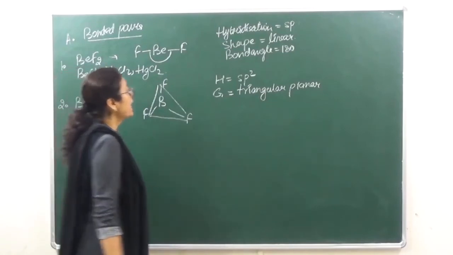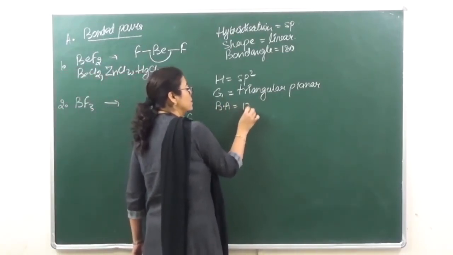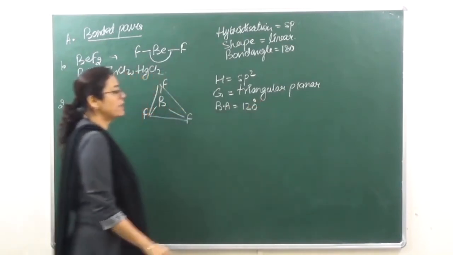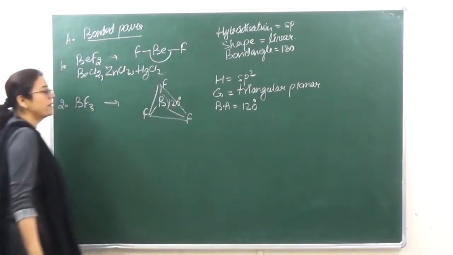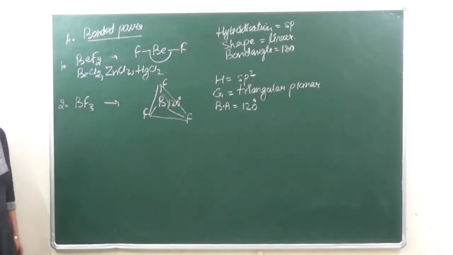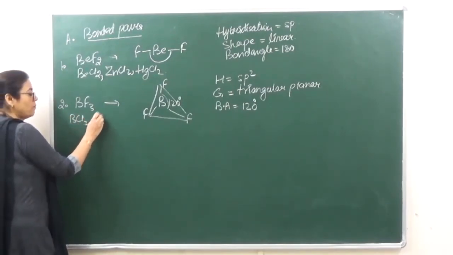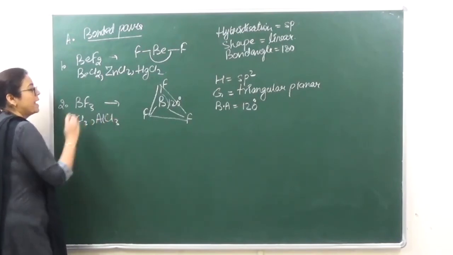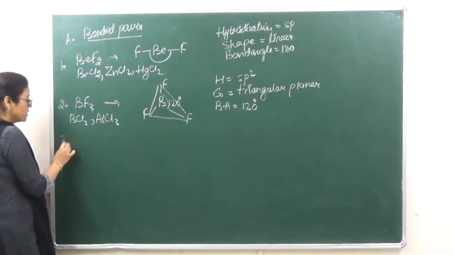Okay? And the bond angle is going to be 120 degrees. So this is the bond angle over here, which is 120 degrees. Right? Other examples of this type are BCl3 and AlCl3.